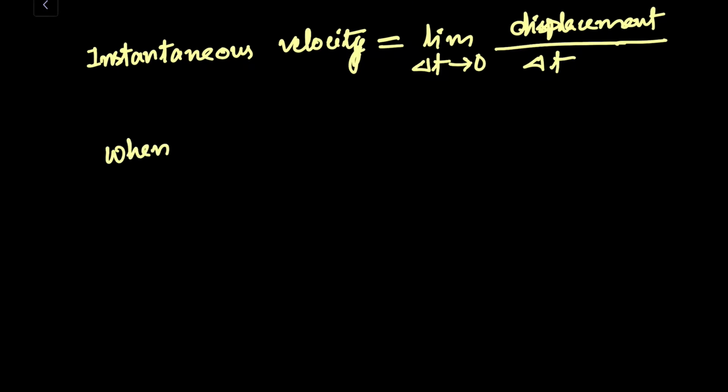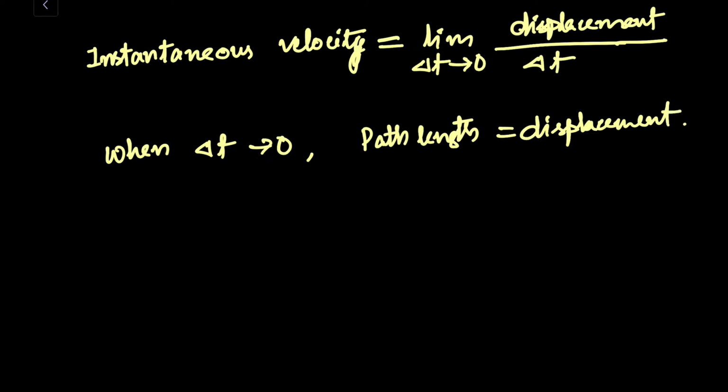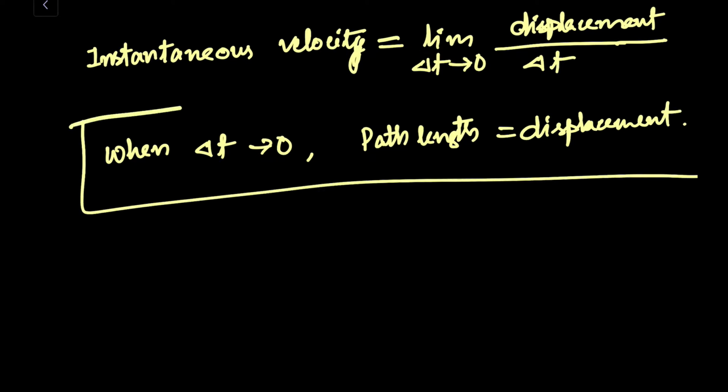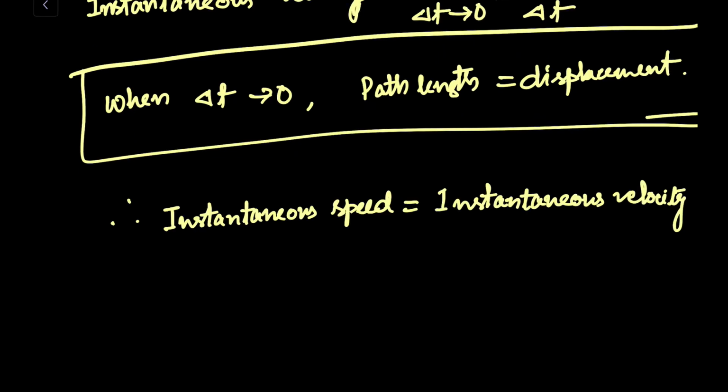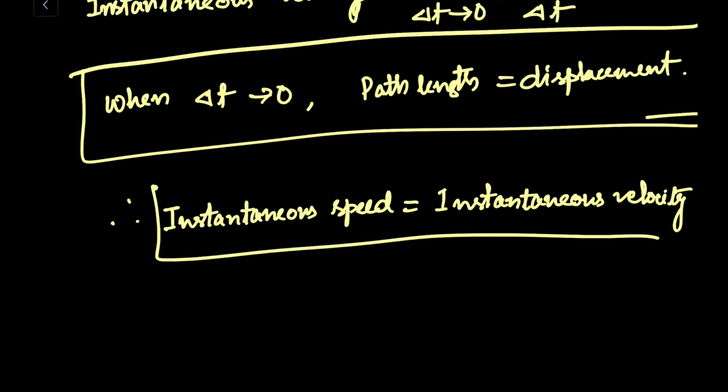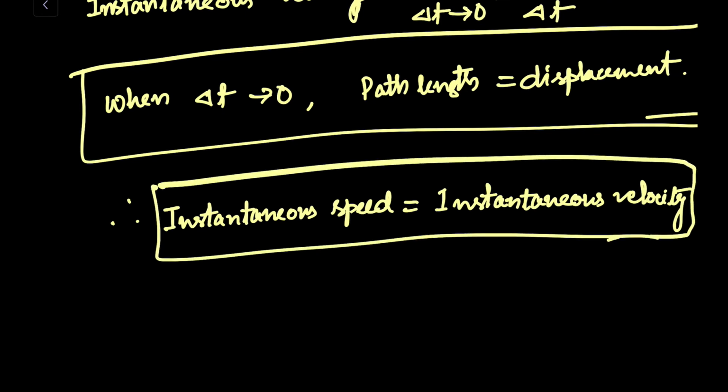When delta t is a very small quantity, the path length will be equal to the displacement. You have to understand this point. When the time interval is very small or tends to 0, the path length will be equal to the displacement. So we can say that the instantaneous velocity is equal to the instantaneous speed. Here we can write, instantaneous speed is equal to instantaneous velocity.